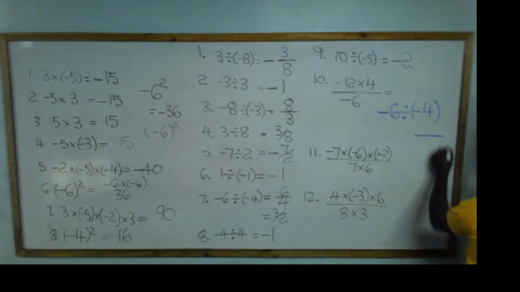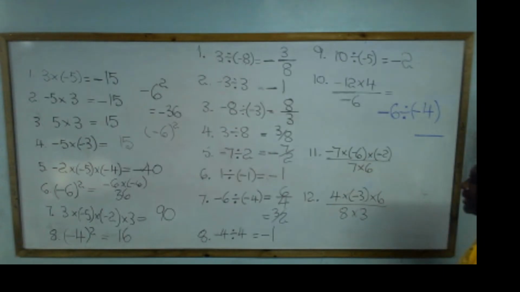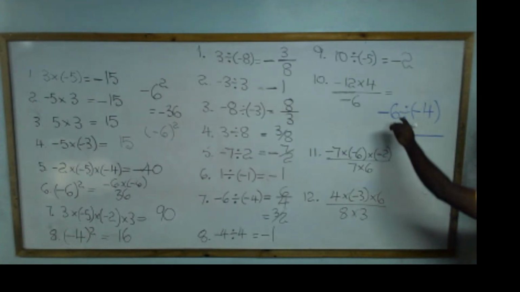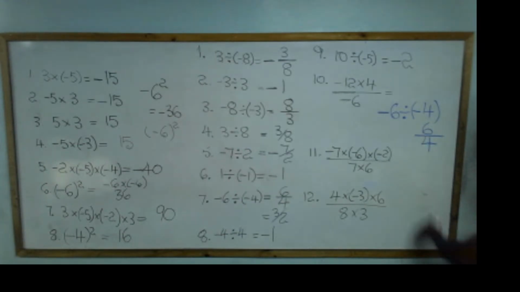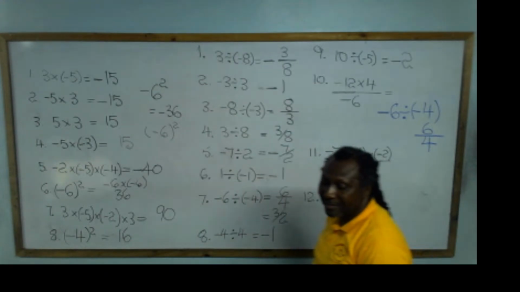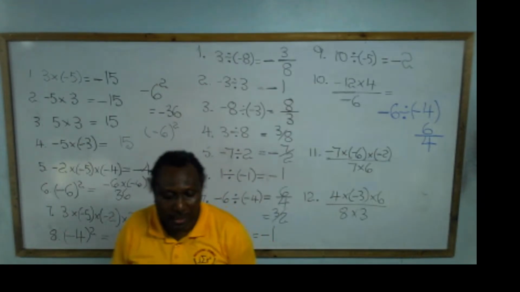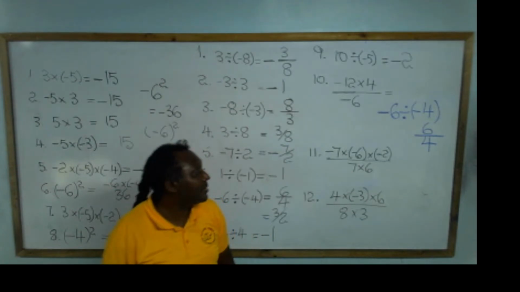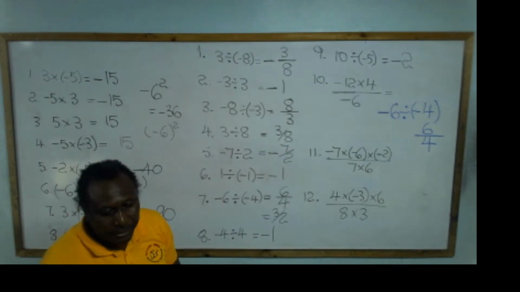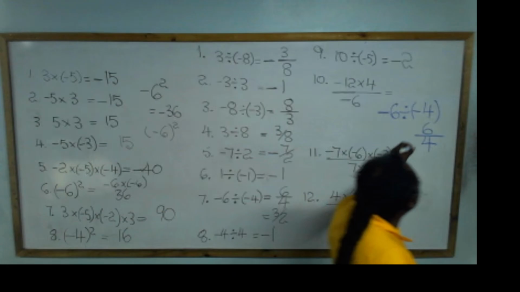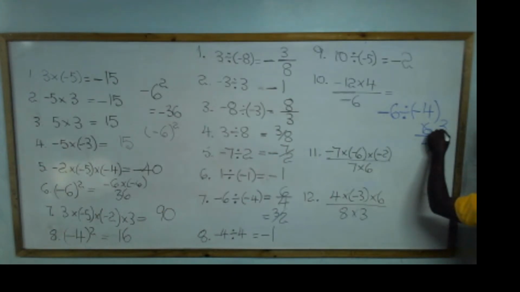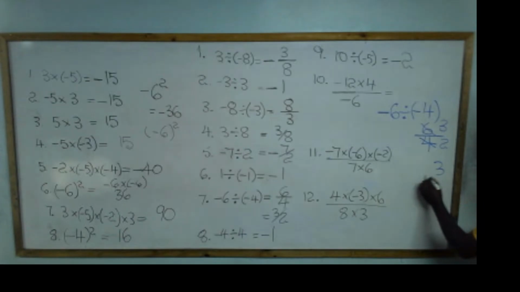You know from 150 years ago that if you are dividing, the dividend is the numerator and the divisor is the denominator. So it's going to be 6 over 4. When you are dividing like that, it is the same as 6 over 4. And of course, that fraction is not in its simplest form. You can simplify that fraction. 2 into 6 is 3, and 2 into 4 is 2. So your answer is 3 over 2.